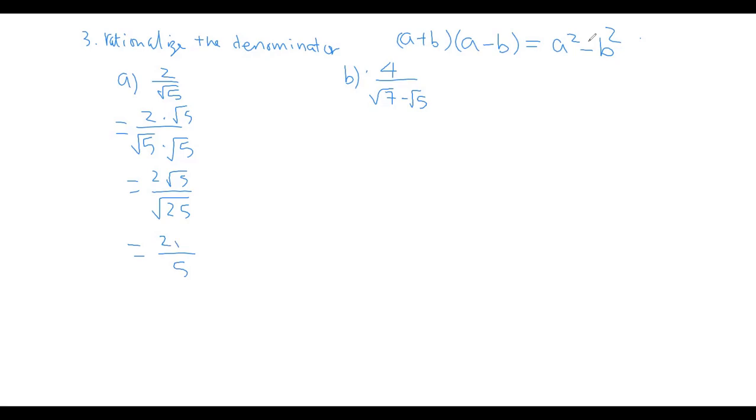So 2 over square root of 5 is 2 square root of 5 over 5, okay? And the second one, so we multiply by its conjugate. If you have radical 7 minus radical 5, you should multiply both the top and the bottom by radical 7 plus radical 5.